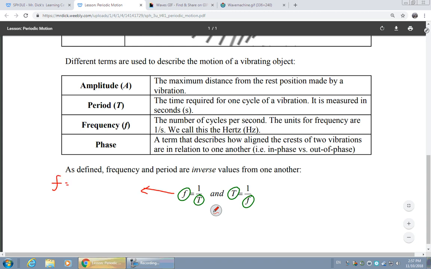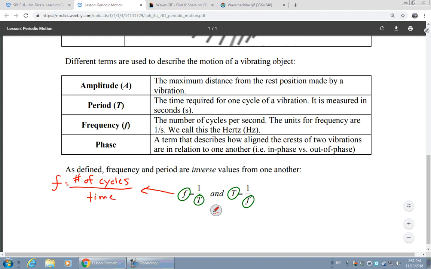Sometimes, if we're trying to find frequency, we might not actually know the period, but we might be told how many cycles something completes and how long it took to complete those cycles. So the other way we can think of frequency is it's a number of cycles divided by the time that it takes to produce those cycles.